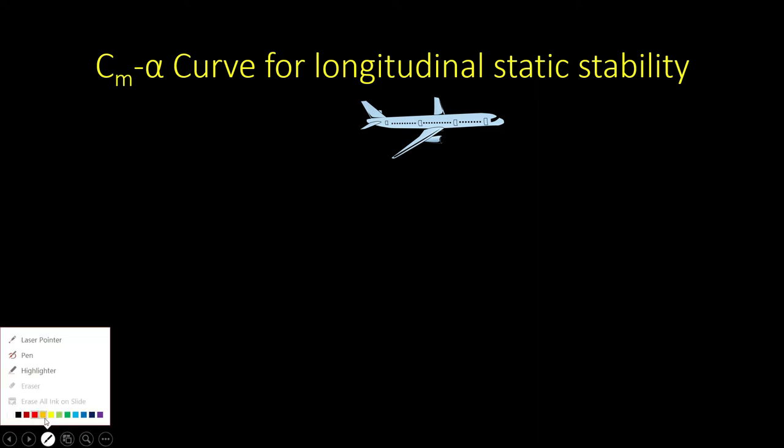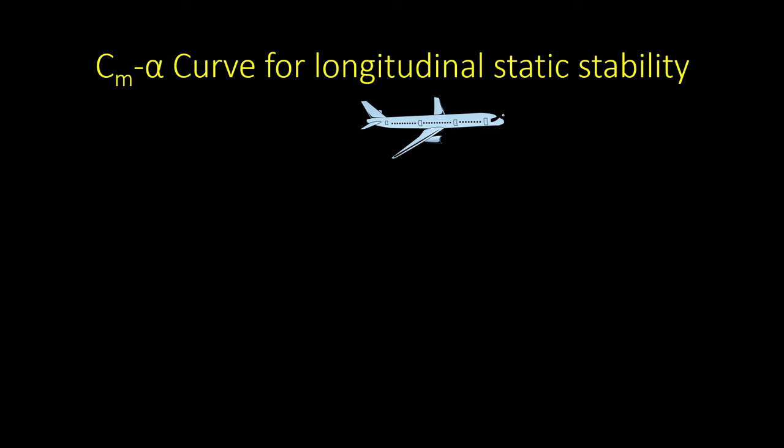Okay, so now coming to CM alpha curve. To understand CM alpha curve, let us first understand what is CM. Now let's consider an airplane. On this airplane there could be three movements, in three directions. That is, there could be pitching movement, rolling movement, and yawing movement. The pitching movement is like this way.